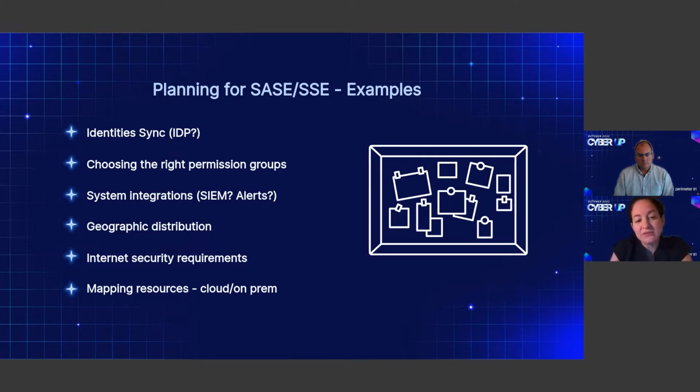But it is important to define the right permission groups and in the right context so that it will be easier for you to provide these groups with the right permission that is going to work according to the Zero Trust principle. The Zero Trust principle, according to which SASE or SSE are built, is to give everybody the minimal level of permissions they need to have in order to do their job. And that ties back to the permission group definition that needs to be accurate and continuously updated such that the right group of people will be able to access the right permission.